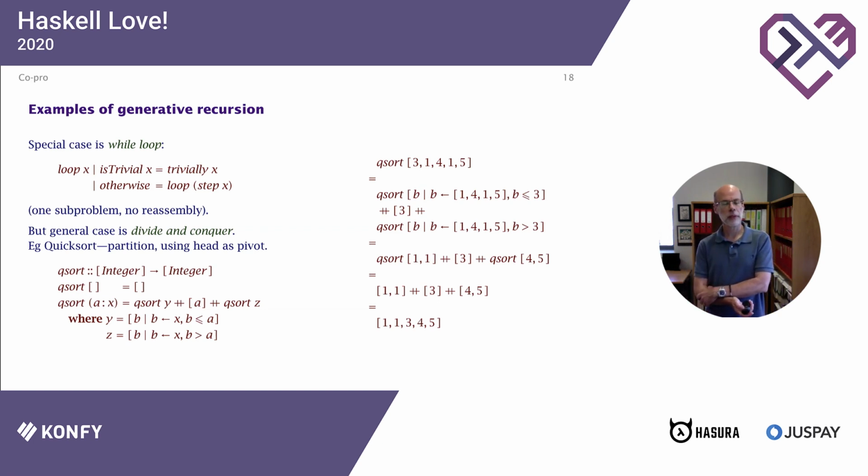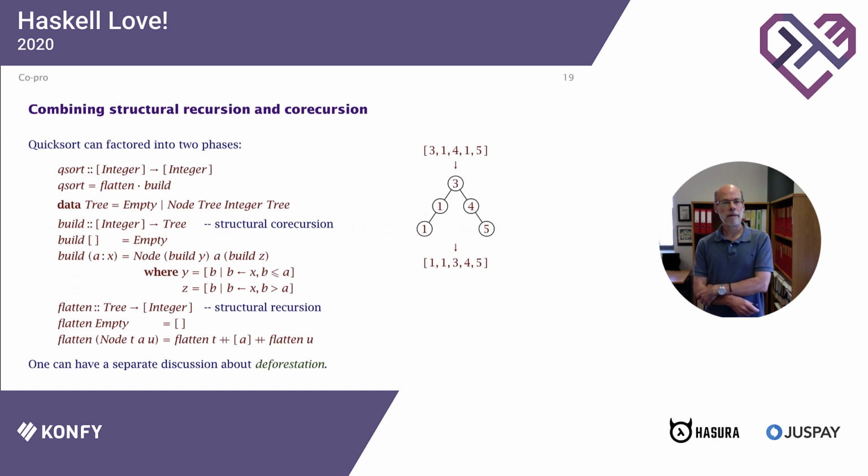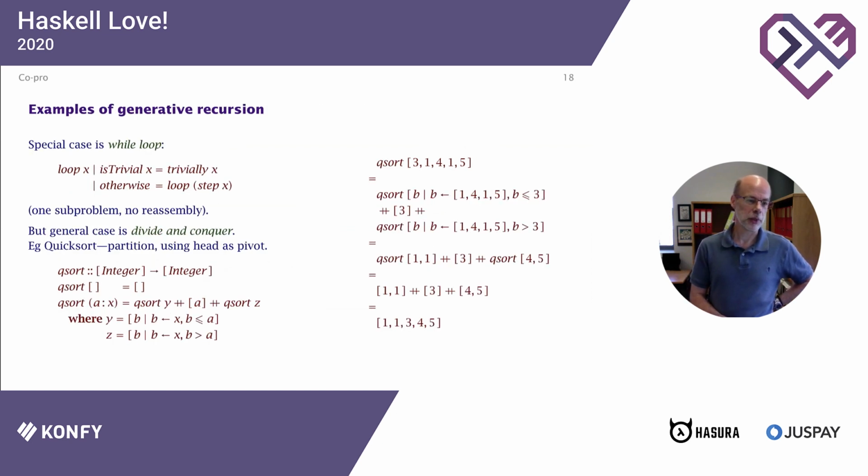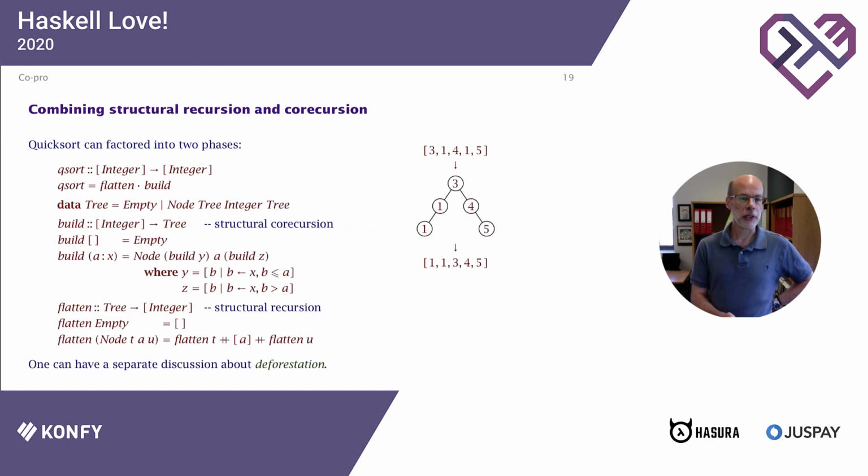So one of the nice things about quicksort is that you can split it up into 2 phases, and I think it's very enlightening to do so. This program for quicksort is short, but it's also quite dense, and there's a lot going on in those few lines.